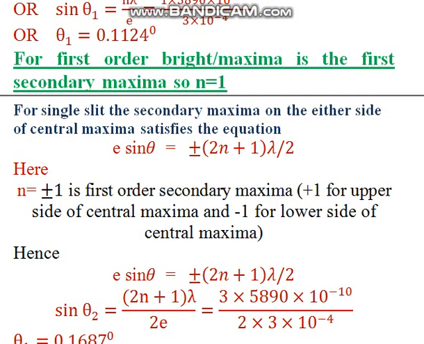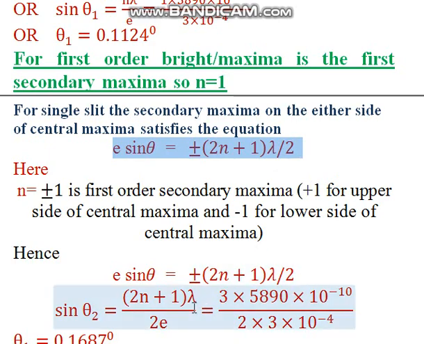Now the first order bright. This is the first order bright maxima, also known as the first secondary maxima, which is given by n equal to 1. All secondary maxima satisfy this equation, and for the first secondary maxima let's take n equal to 1.